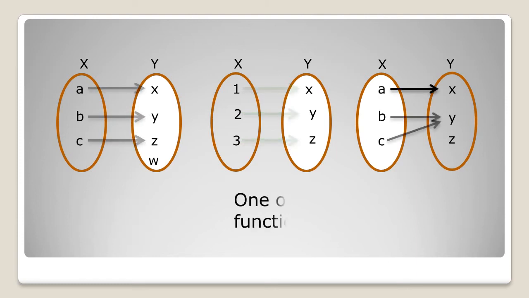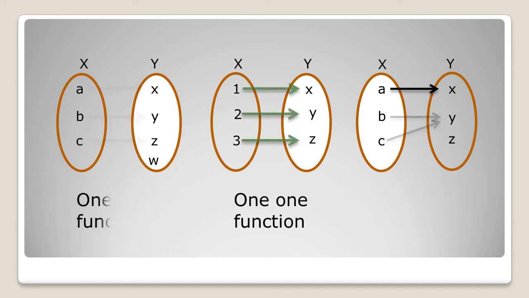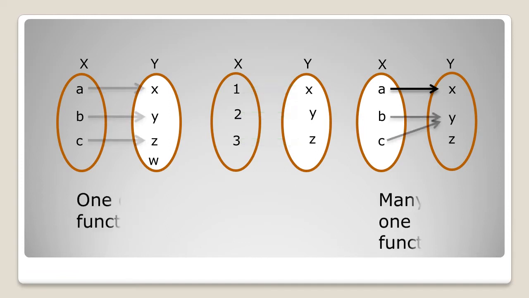But in the third example, two elements b and c, which are distinct, have the same image y. In that case, it is not called one-one, but it is called a many-one function. The first two are one-one and the third one is a many-one function.